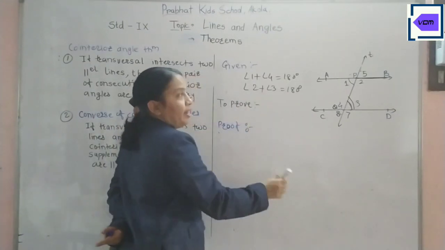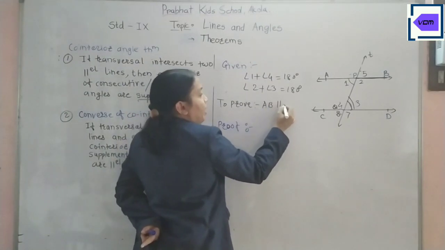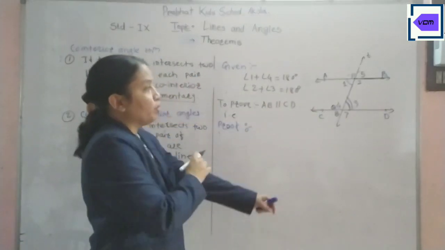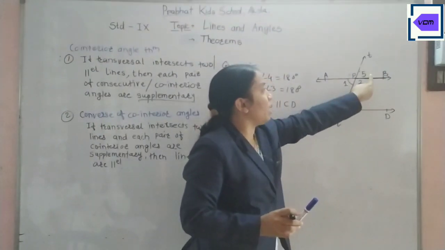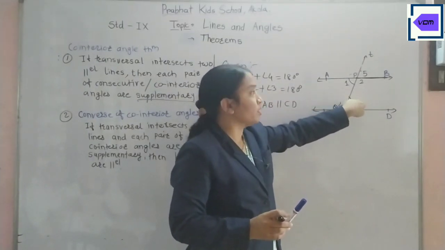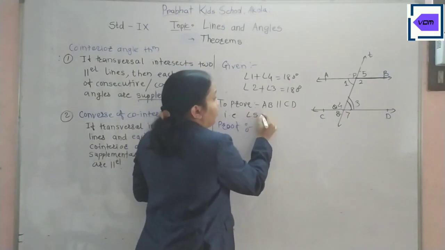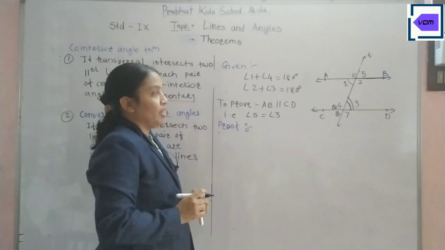You have to prove that line AB is parallel to line CD, that is, you have to prove the corresponding angles are equal, meaning angle 5 is equal to angle 3. If you prove this, it means these lines are parallel.